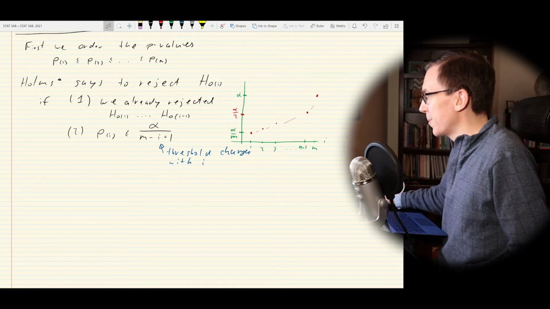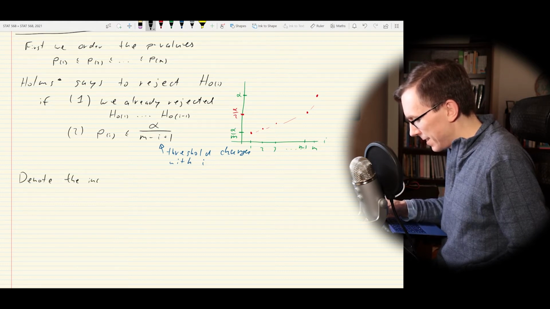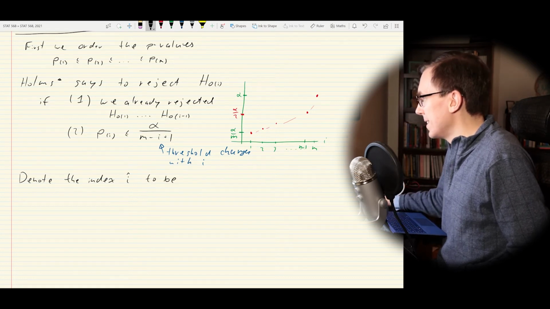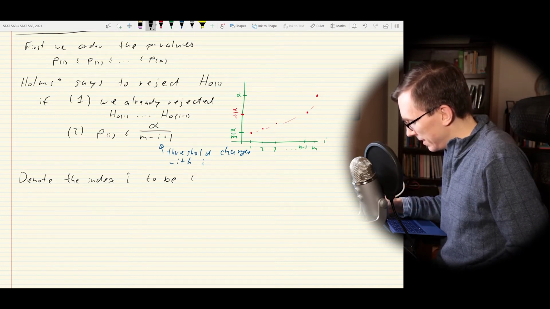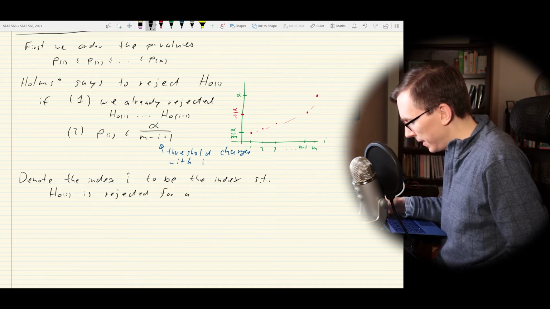So first, what we need to do is denote the index I hat, kind of a weird thing, but that's okay, to be the index such that H naught I is rejected for all I less than or equal to I hat.